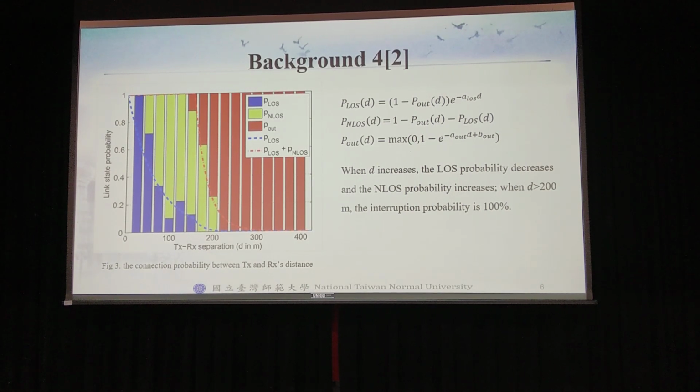According to this figure, when the distance between T star and R star is more than 200 meters, the probability of disconnection is 100%.